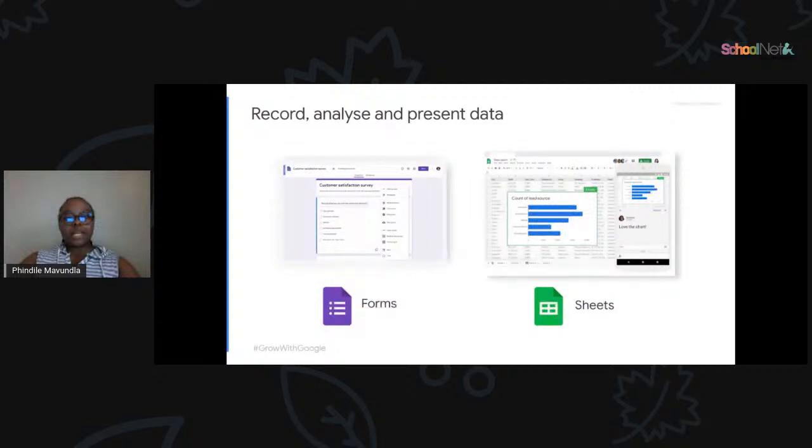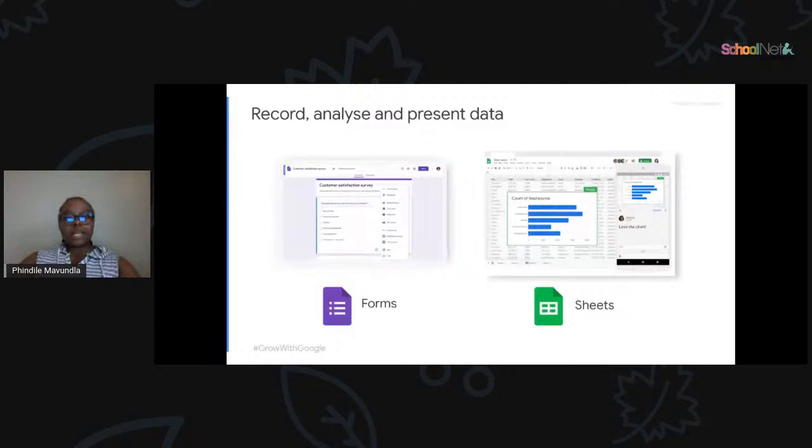You select from multiple question types, drag and drop to reorder questions as you want, and you can customize values as easily as pasting a list. So with Google Forms, you are able to select from a number of question types.